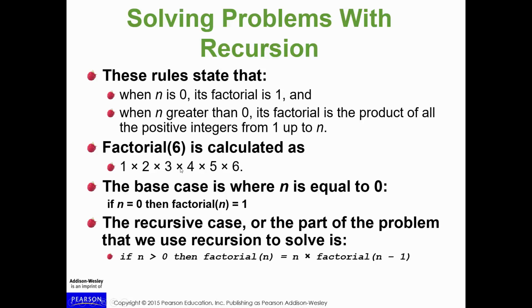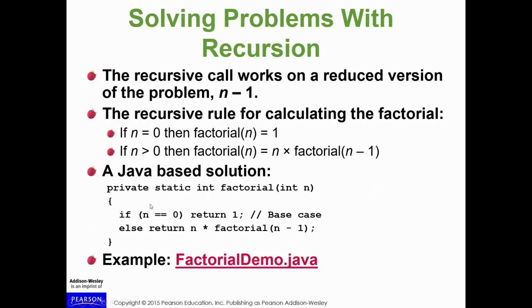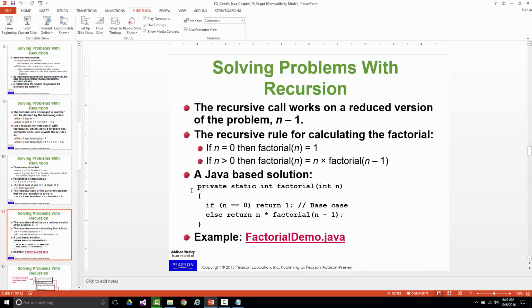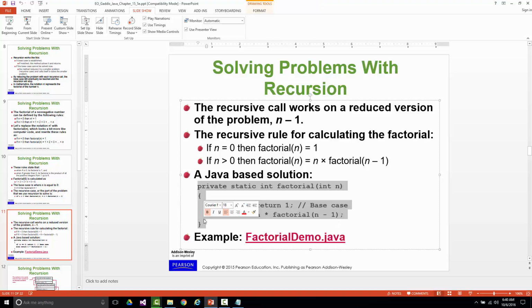Really, 6 factorial is 6 times 5 times 4 times 3 times 2 times 1 times 0 factorial, which is 1. So the base case, as it says, is where n is equal to 0. So you have to have a way to stop this, is what they're saying.